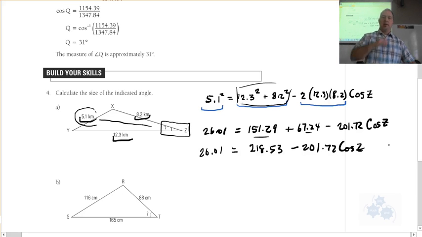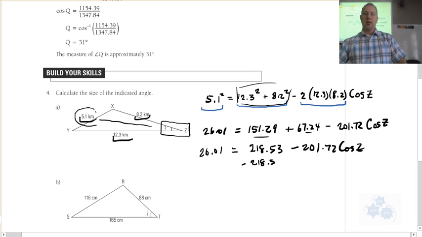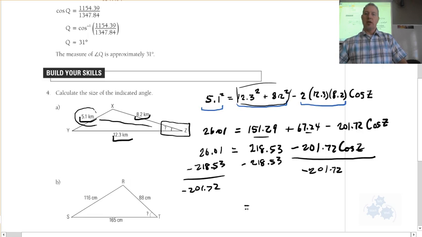Okay. All right, so now we can put a couple steps together if you want, but I'm going to subtract 218.53 from both sides. And then I'm going to divide both sides by this negative 201.72, so that you end up with just cos of Z on this side. And now I need to evaluate this right here: 26.01 minus 218.53, and then divide that by 201.72.